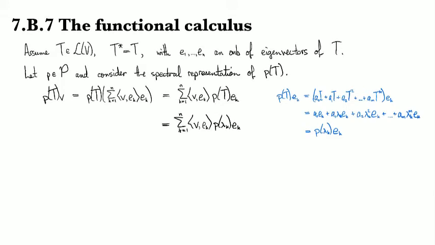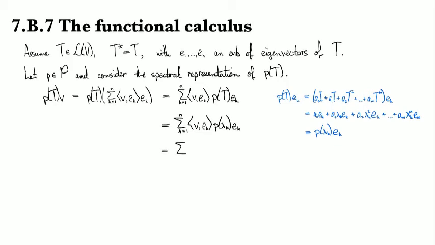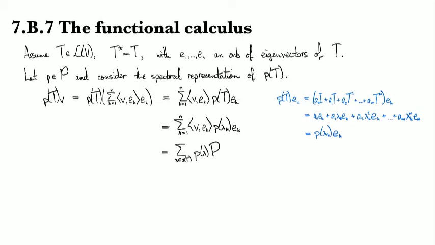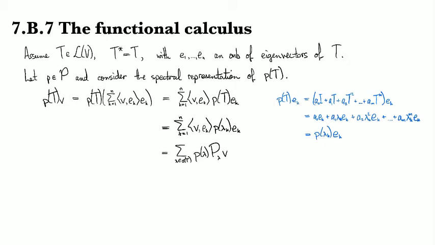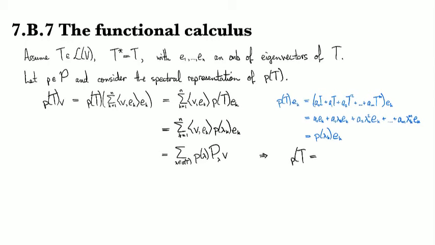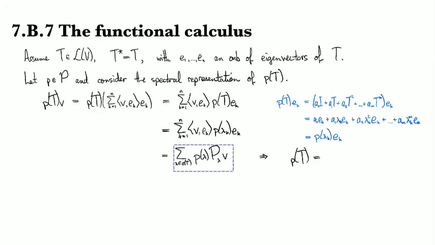times EK. And then following what we did last time, I can write this as the sum over the elements of the spectrum of T, of P of lambda times the projection to the lambda eigenspace applied to V. And so this implies that P of T is equal to this sum.